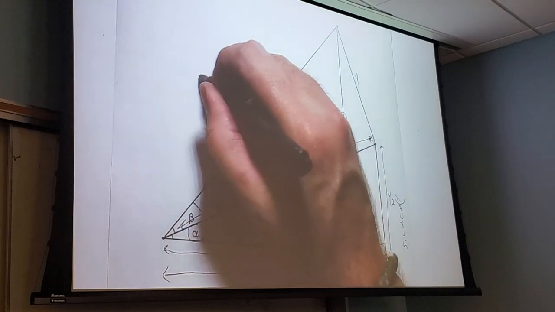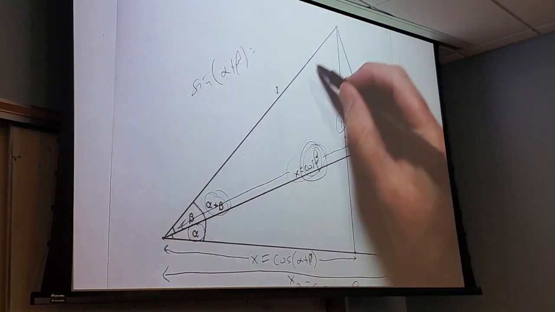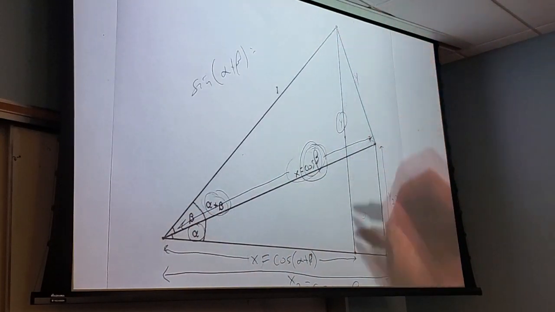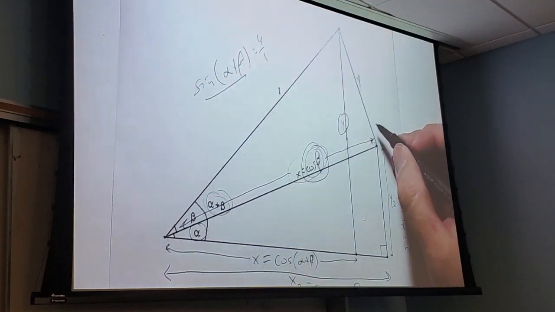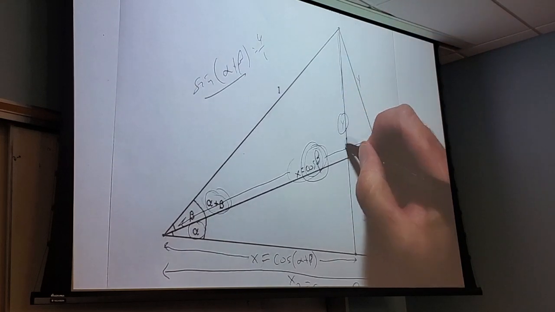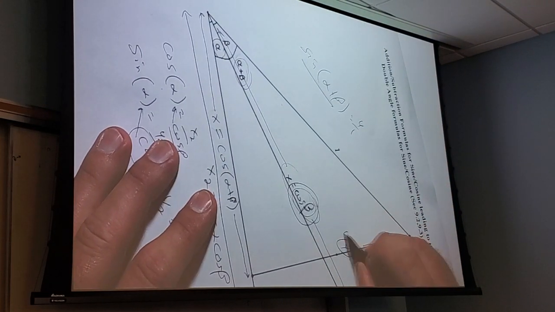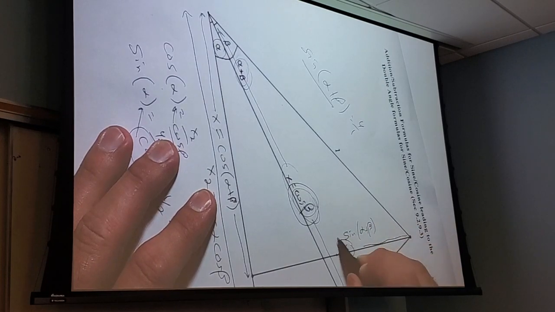It's y over 1. So y equals this. Sine of alpha plus beta is this whole thing.